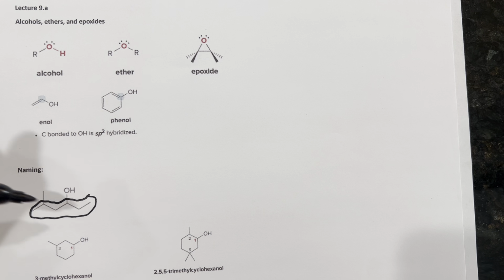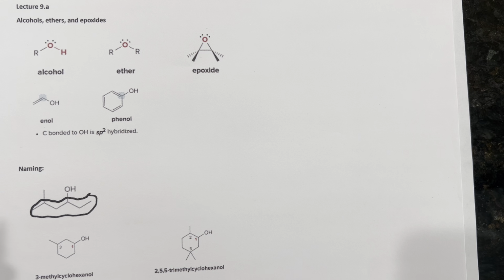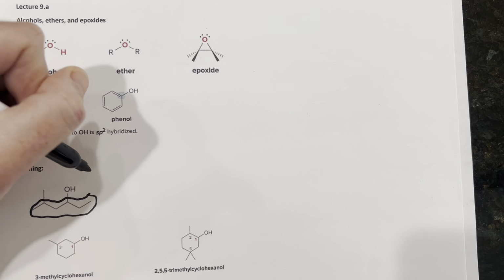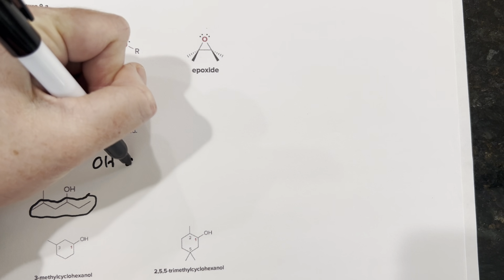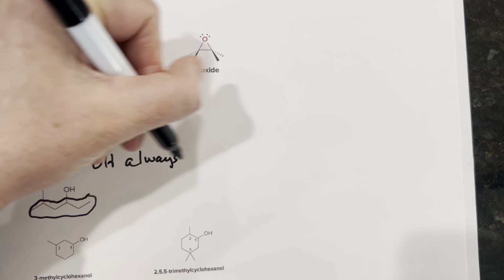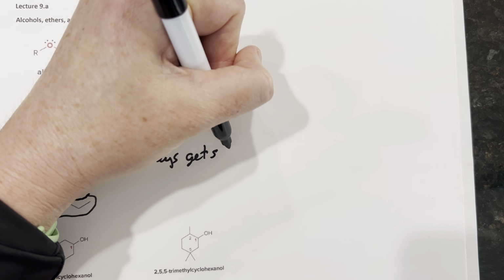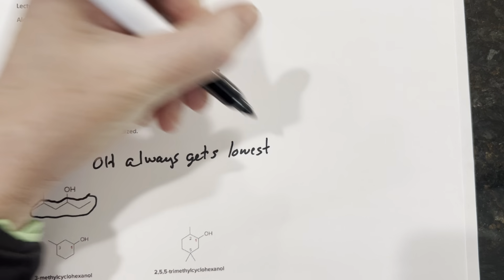We'd say there's 1, 2, 3, 4, 5, 6 carbons on this thing, so you know it's going to be some kind of hexane. In previous chapters when we've gone to name something, we look at the substituents on it and we want the lowest number. Now the alcohol will always get the lowest number. So it kind of takes away the guessing and going back and forth.